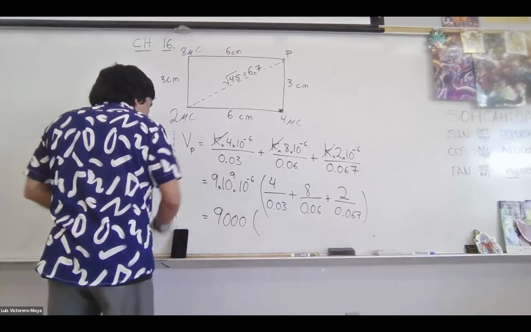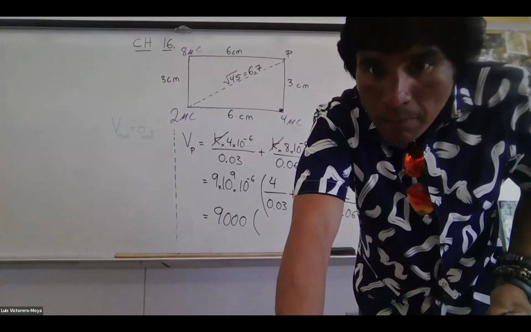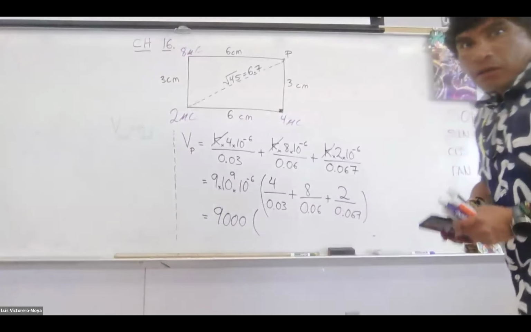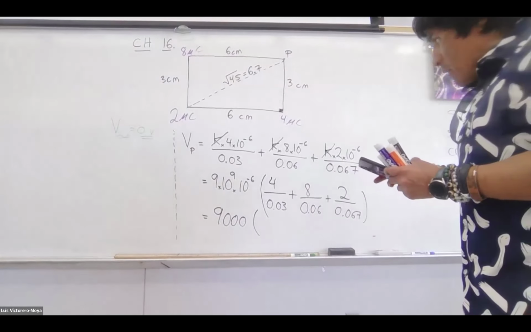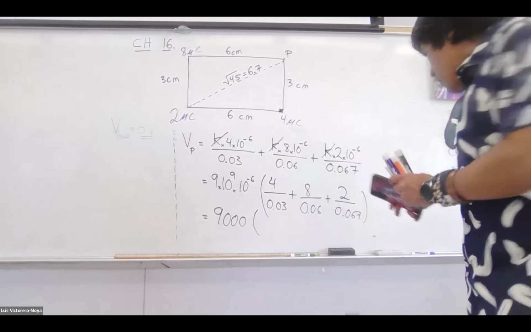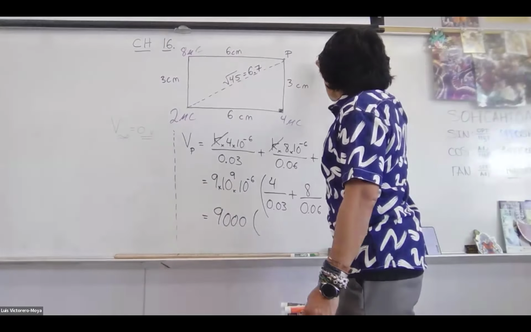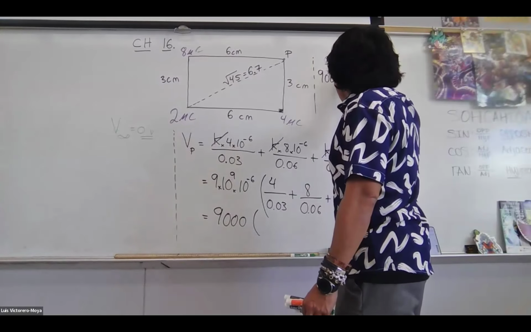And then let's calculate what's in the parentheses. Right? Yeah, perfect. You can see everything there. So 4 divided by 0.03, that's 133. So let's do it here. 9,000.